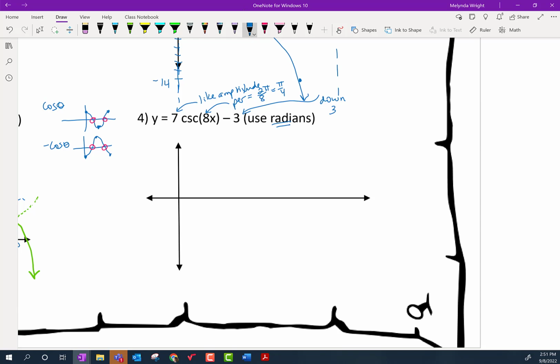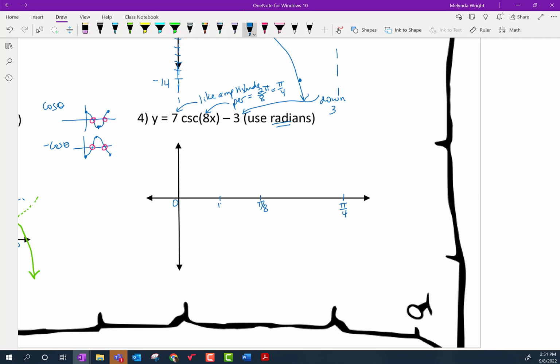Okay, so we're going to do the period first. We're going to do our x's first. We're going to start at 0 radians, and we're going to go all the way out to pi over 4 radians. That's one full period for this one. Now we're going to half and half again. So half of pi over 4 is pi over 8.